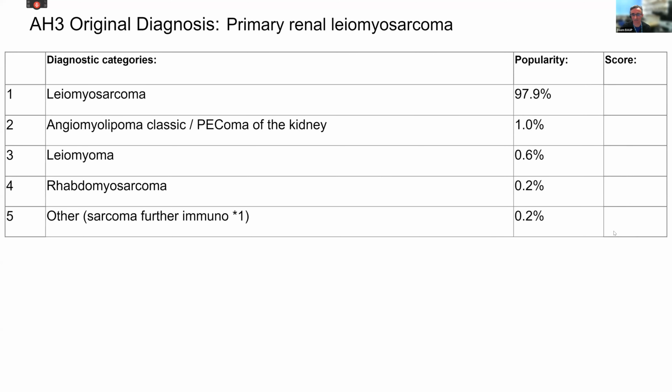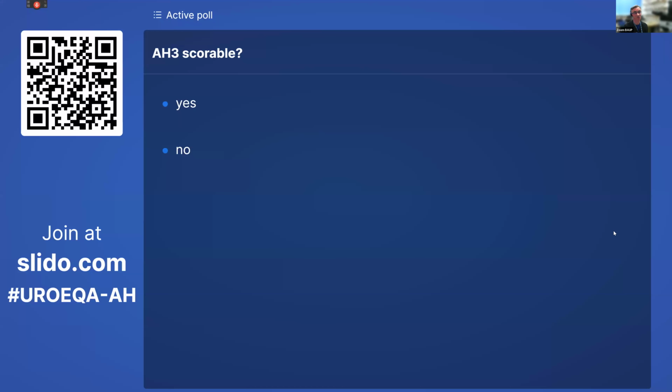So let's see if this works. I think it is scoreable. It's got a high concordance. So 56. I think I'll move on. I think it is scoreable.